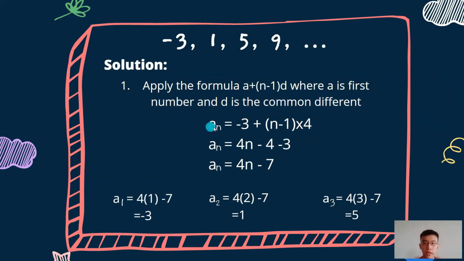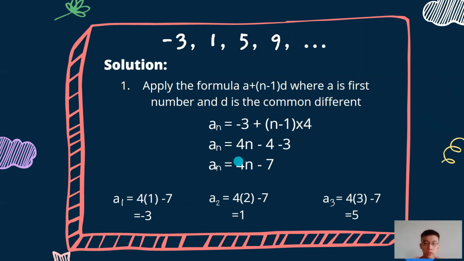The first step is an equals a, which is -3, plus bracket n minus 1 times 4. 4 is the common difference, which is 1 minus -3 equals 4, or we can use 5 minus 1 equals 4, so times 4. We multiply the 4 by n to get 4n minus 4 minus 3. So the formula is an equals 4n minus 7.